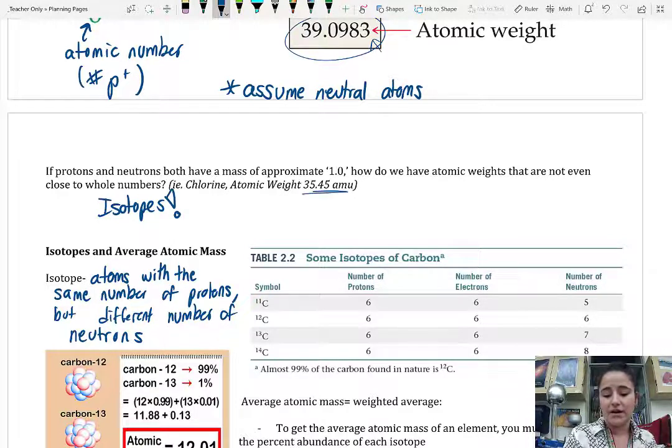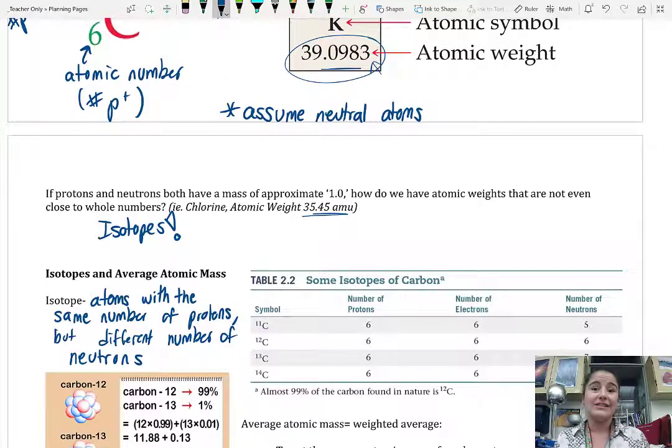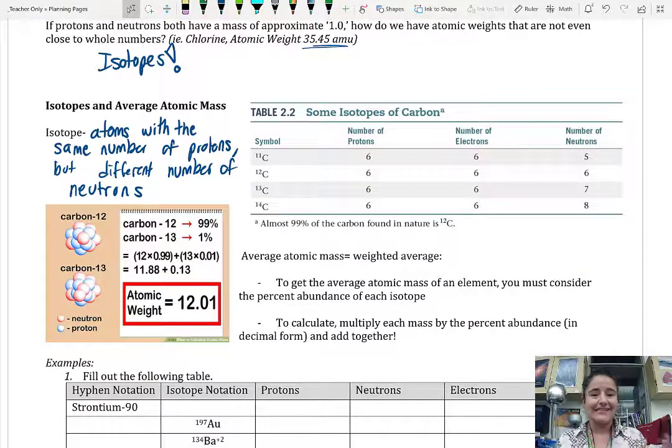And the mass that you see on the periodic table is an average, okay? It is the average mass of those atoms, okay? And because they show up in different amounts, it is what we call a weighted average.